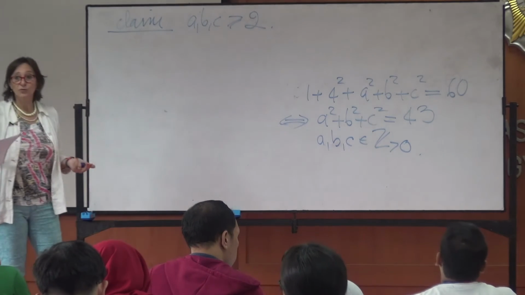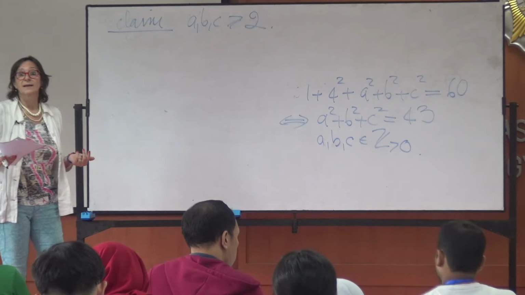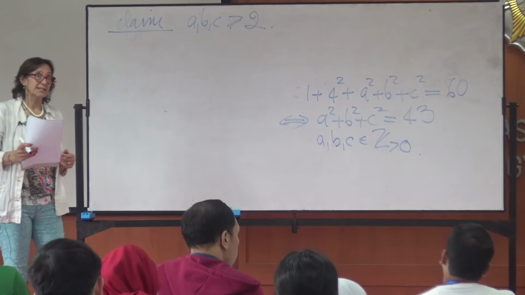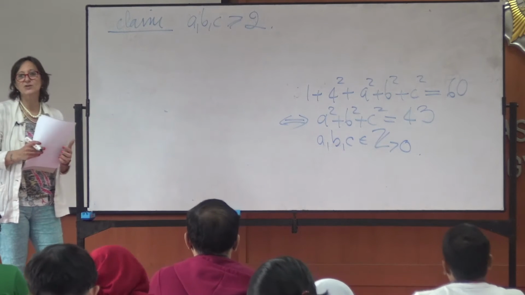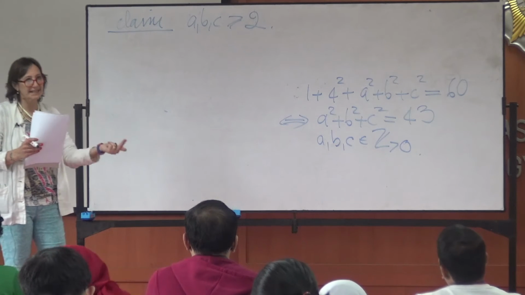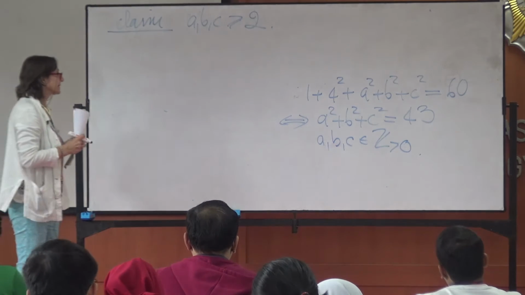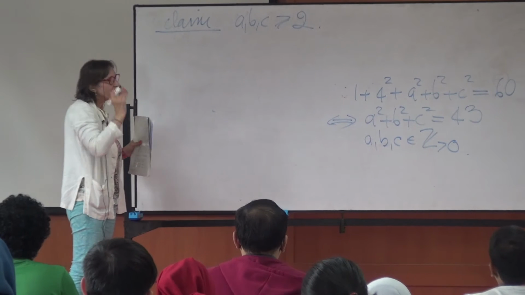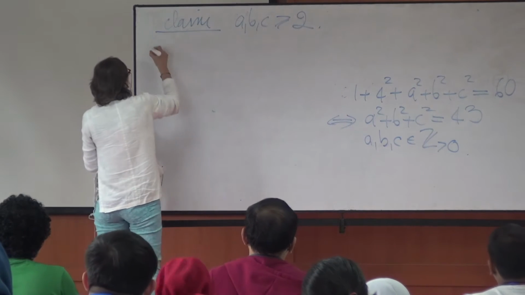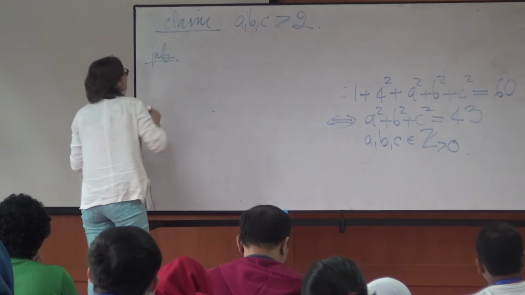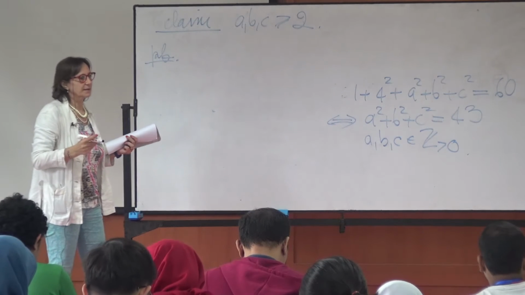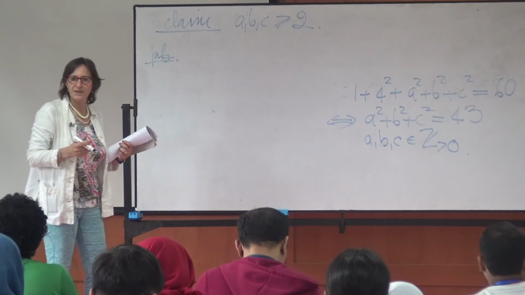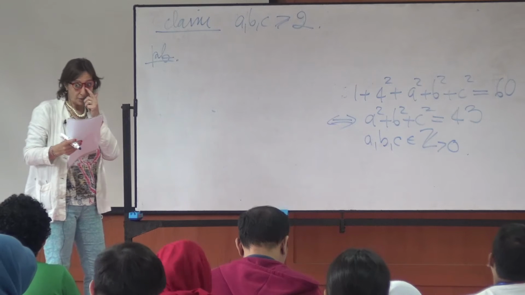A, B, C greater or equal than 2 means that only the trivial representation has dimension 1. This says that all non-trivial representations of A5 are of dimension at least 2. Let's prove this claim. Suppose by contradiction that there is a non-trivial representation of dimension 1 of A5.